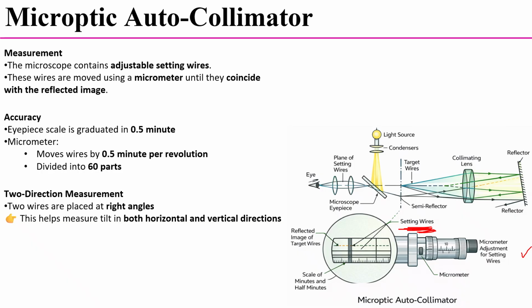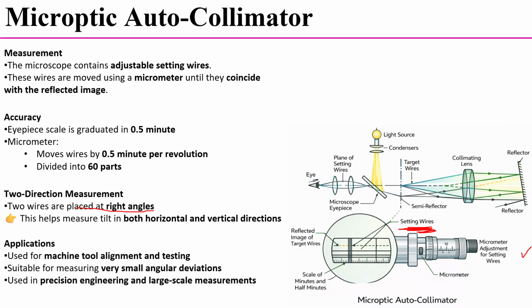Next, this micro-optic autocollimator has two-direction measurement. These two wires are placed at right angles, which helps measure the tilt in both horizontal as well as vertical directions. So this is regarding the micro-optic autocollimator.